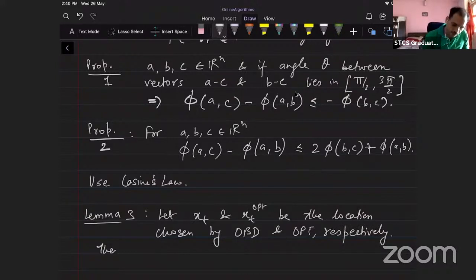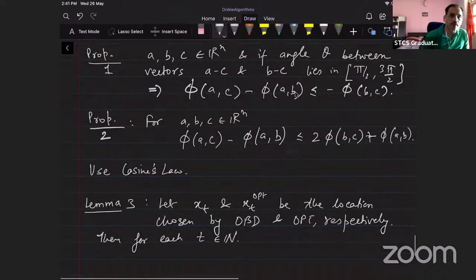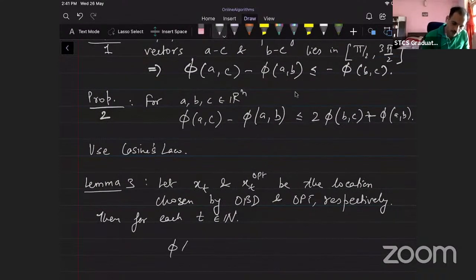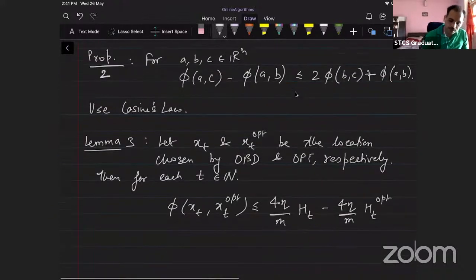Then for each t, phi of xt comma xtopt is less than or equal to 4 eta by m ht minus 4 eta by m HTOPT. HT is the hitting cost, HTOPT is the hitting cost of the OPT.